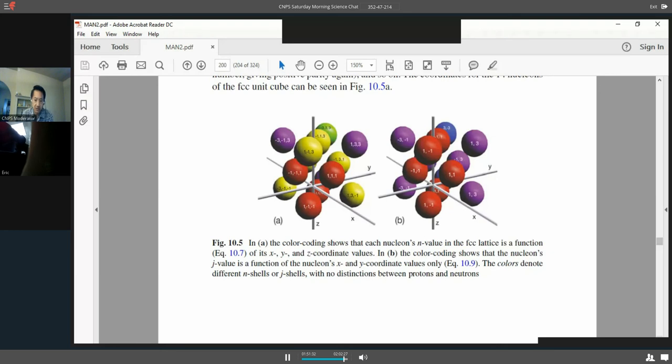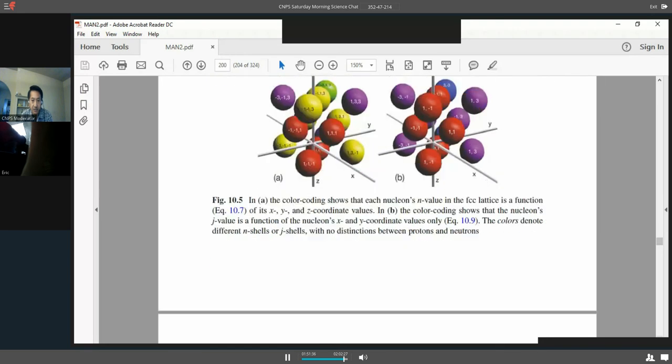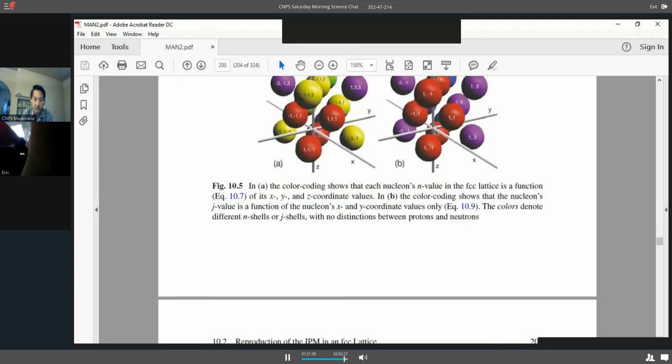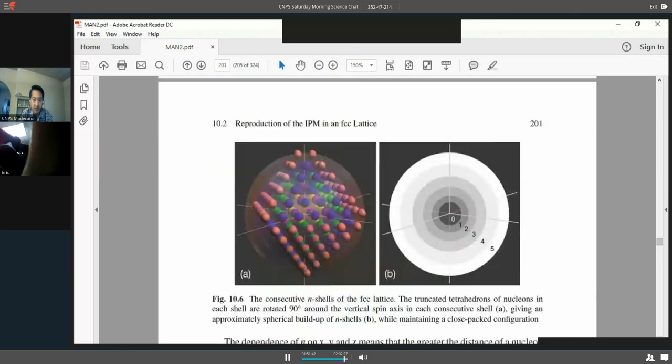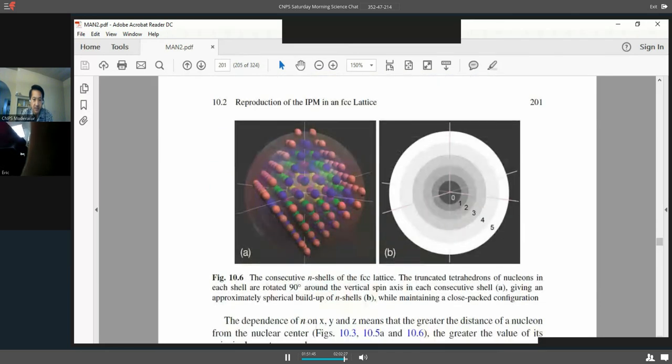Well, actually, no, the colors denote the different shells. So there's no distinction between protons and neutrons in this model. Then what exactly is the purpose of the neutrons then? So here he has each of the shells represented by a different color on the outside.